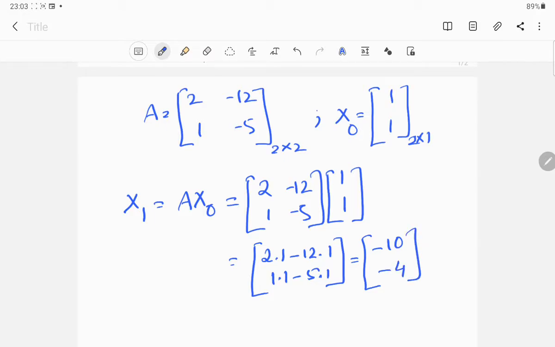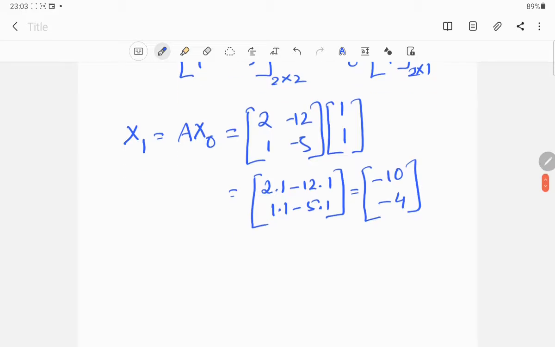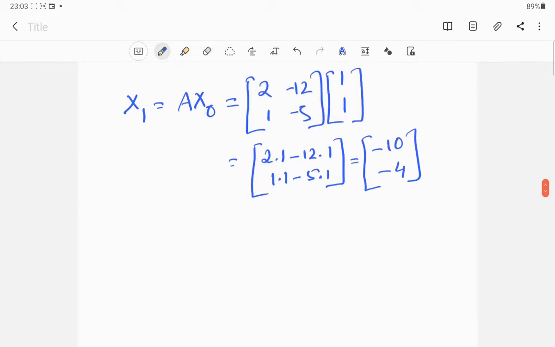Now we need to apply a trick. Choose this one, which we will call m1. So m1 is equal to minus 4, here. Take minus 4 common. If I take minus 4 out, what will remain?